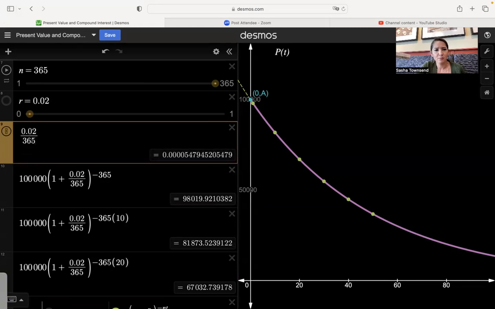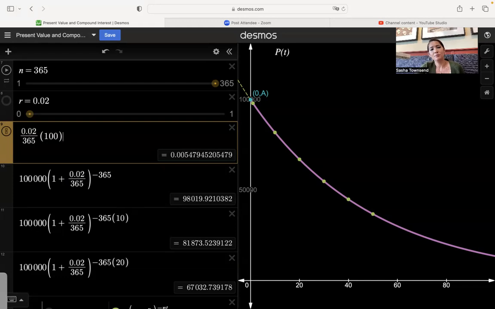So your percentage, I'm going to multiply by 100%. It's not even a 10th or 100th of a percent. It's a half of 100th of a percent. It's 0.005% every day.